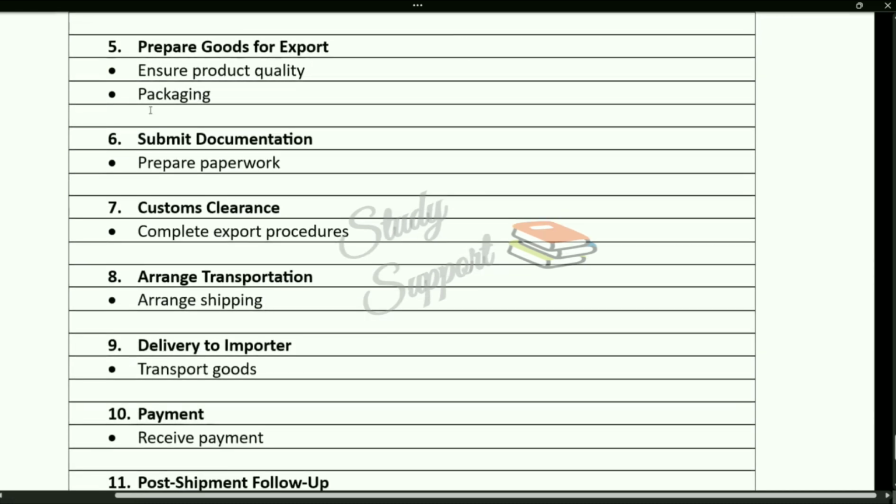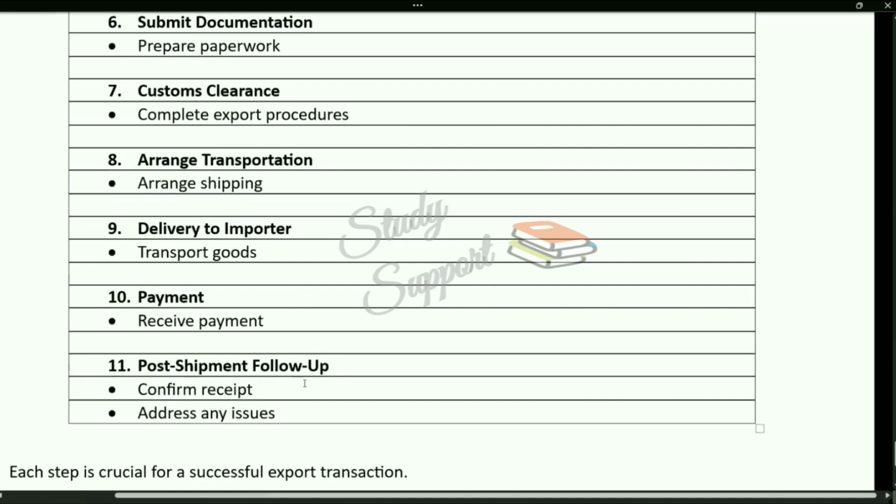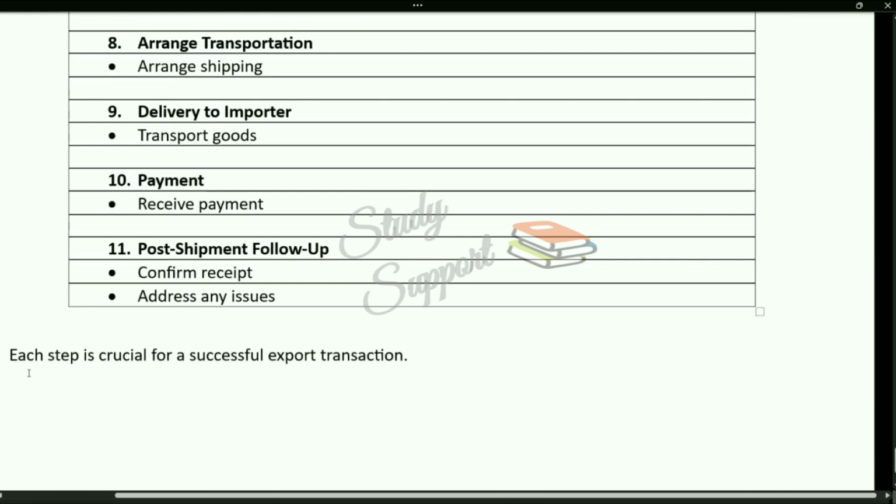Ensure product quality. Packaging. 6. Submit documentation. Prepare paperwork. 7. Customs clearance. Complete export procedures. 8. Arrange transportation. Arrange shipping. 9. Delivery to importer. Transport goods. 10. Payment. Receive payment. 11. Post-shipment follow-up. Confirm receipt. Address any issues. Each step is crucial for a successful export transaction.